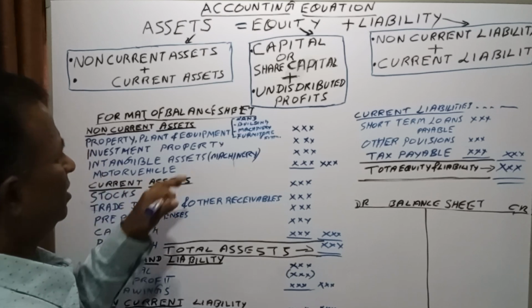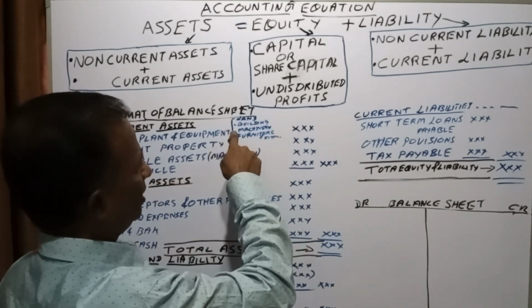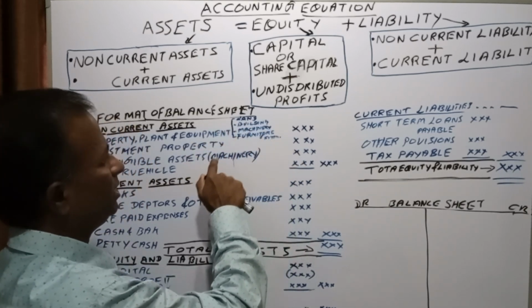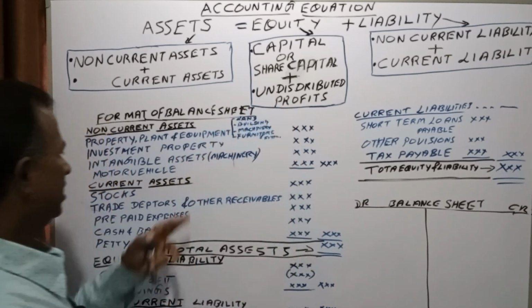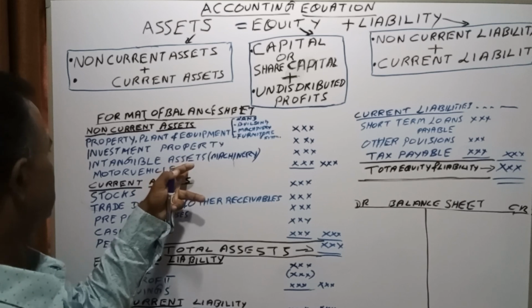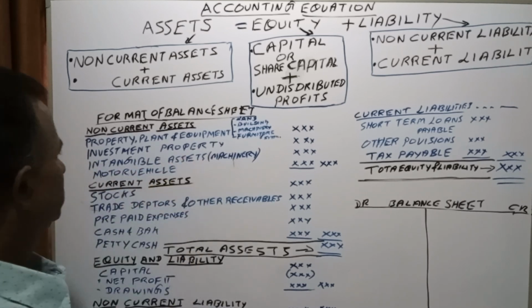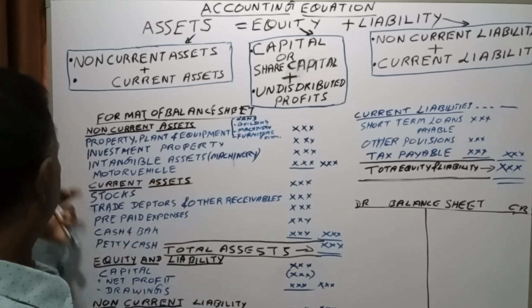At the beginning level, you can show land and building together, or land separately, building separately, machinery separately, furniture and fittings separately, and motor vehicles separately, and also intangible assets.